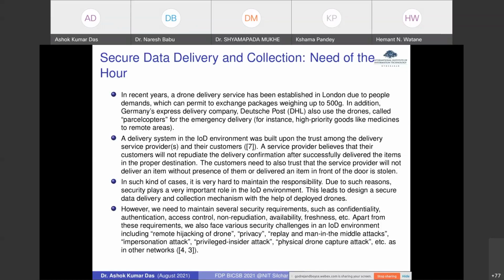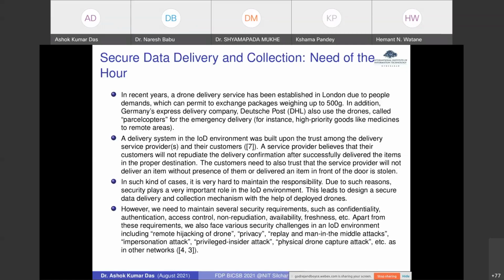Now, in general, delivery systems in an IoT environment work as follows: they are based on trust built between the delivery service provider and their customer.